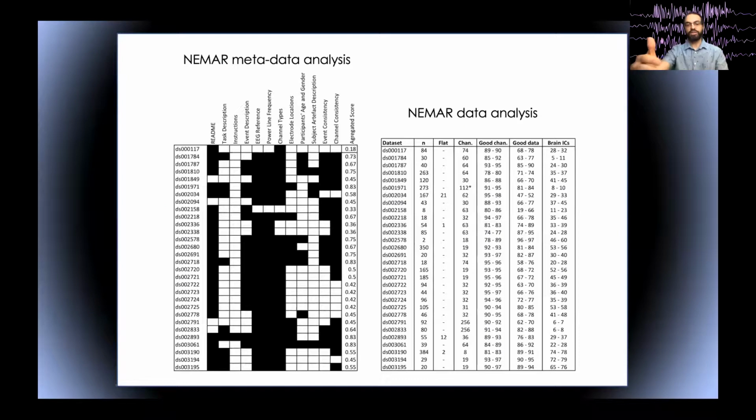This is the list of datasets that we are planning to make available. These are OpenNeuro datasets. They're identified by these numbers, and they have different types of metadata information. We also calculate the number of good channels, good data, and brain ICA components. For each of them, we run them through a pipeline very similar to what I showed you, and we'll give statistics.